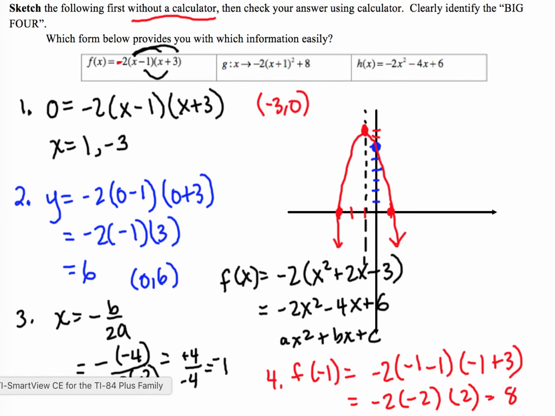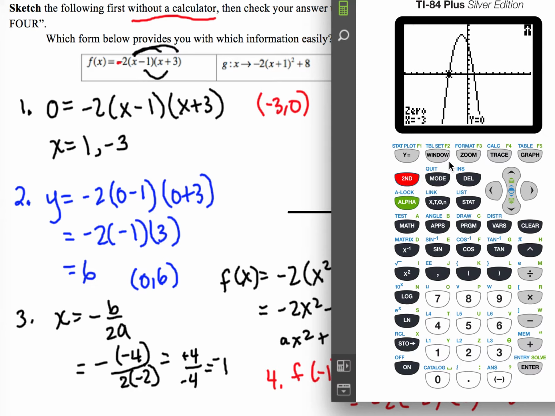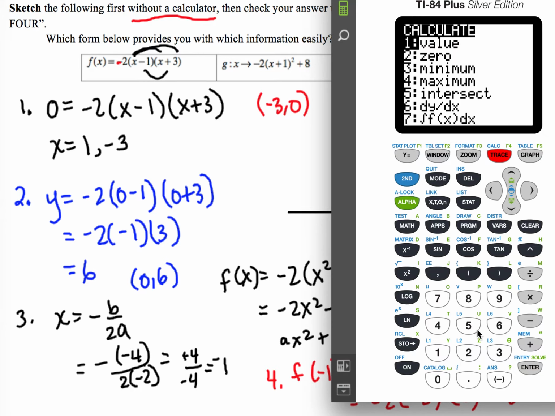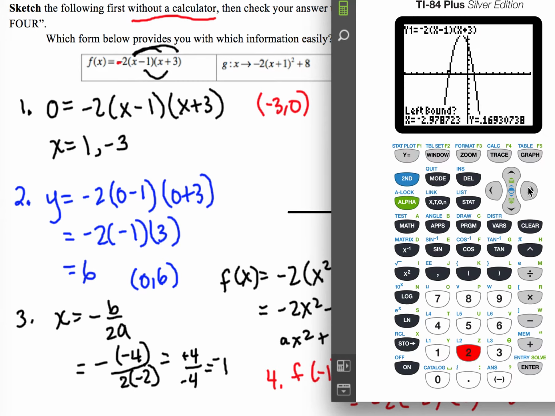Then we can go back, and to find the other one, second calculate, number 2. So if we're looking for this one, I move over to my zero again. And when it says left bound, I go 1, 2 with my left arrow, hit enter. Right bound, I'm on my x-intercept, 1, 2, hit enter, and then guess enter, and there's my 1.